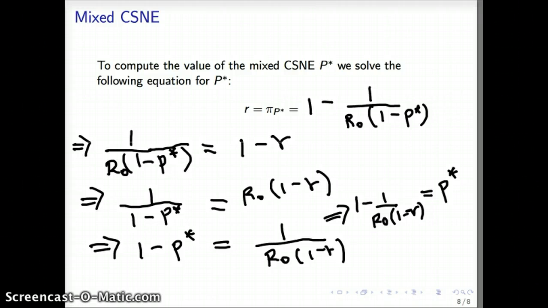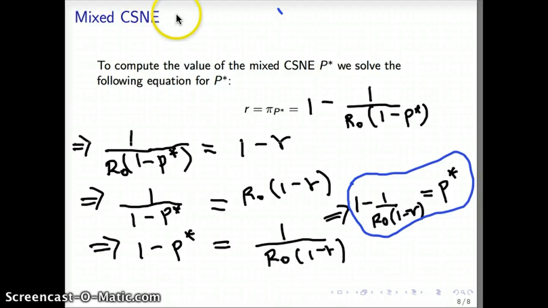This means that we have obtained here an expression for P star, right? That expression for P star is precisely what we were going after. That would be, excuse me, the expression for the convergently stable Nash equilibrium.